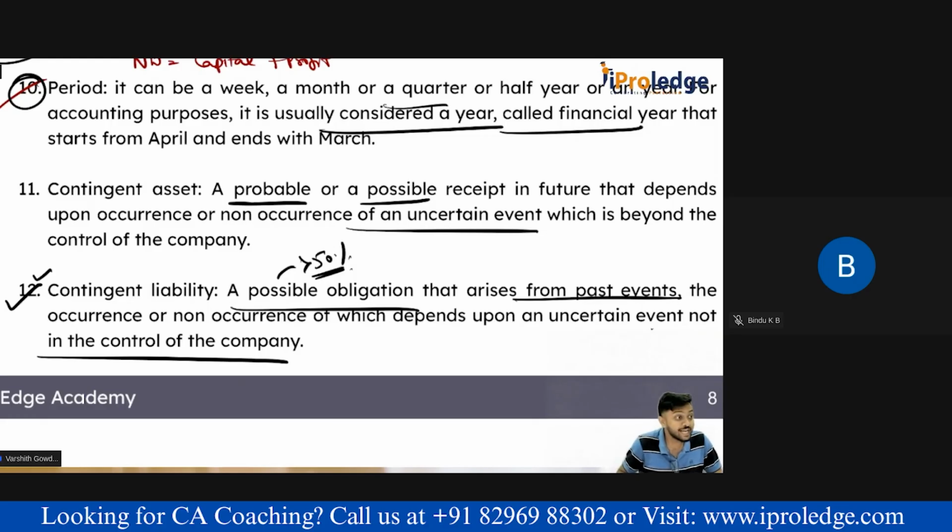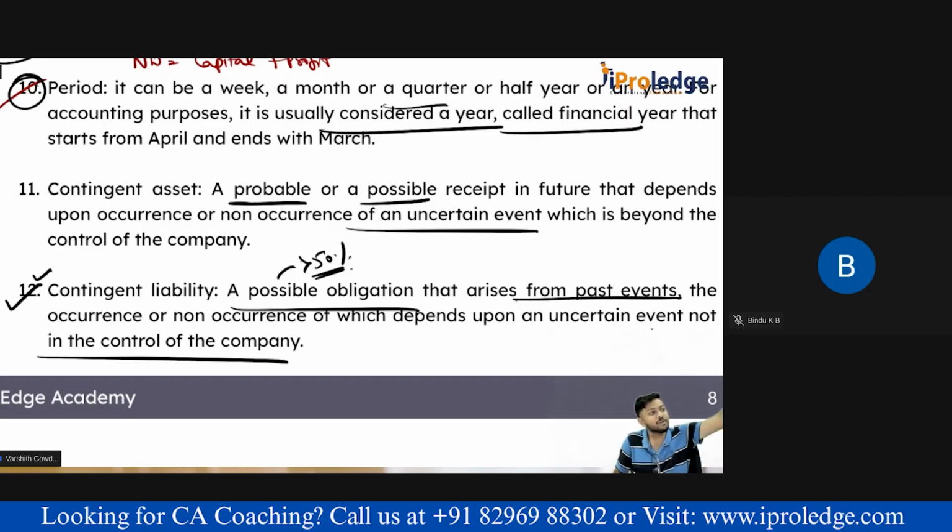No? So they are telling contingent asset, even if it is probable, but if it is depending on an event, don't record. Conservatism. But liability, even though it is possible, record it off, because foreseeable losses, first you should show it. Understood why they have included both in contingent asset and not in contingent liability? What is the example for contingent asset? Same example.